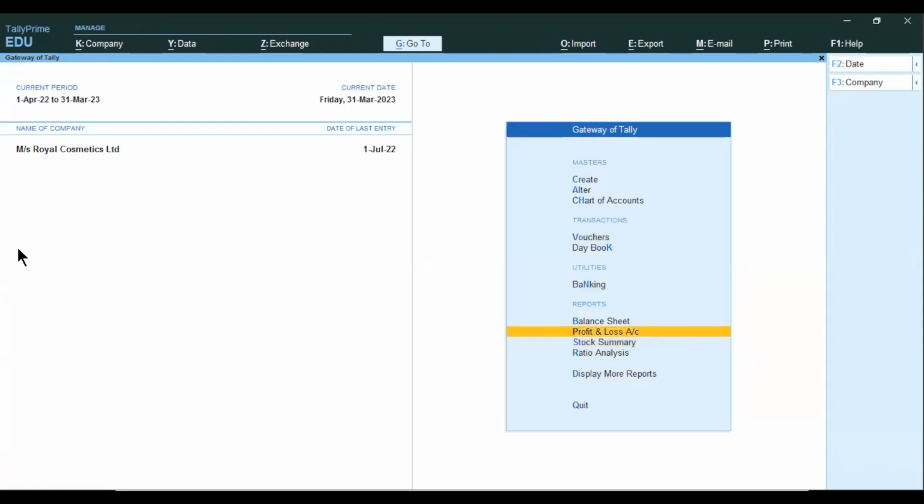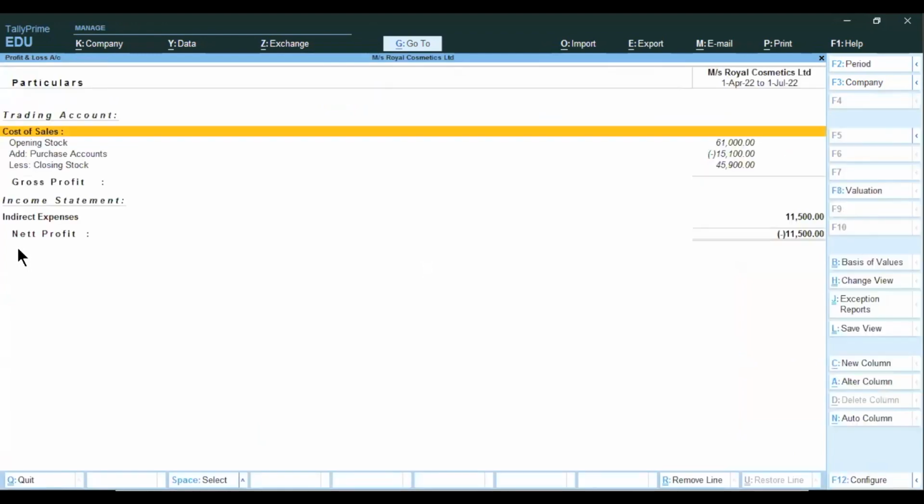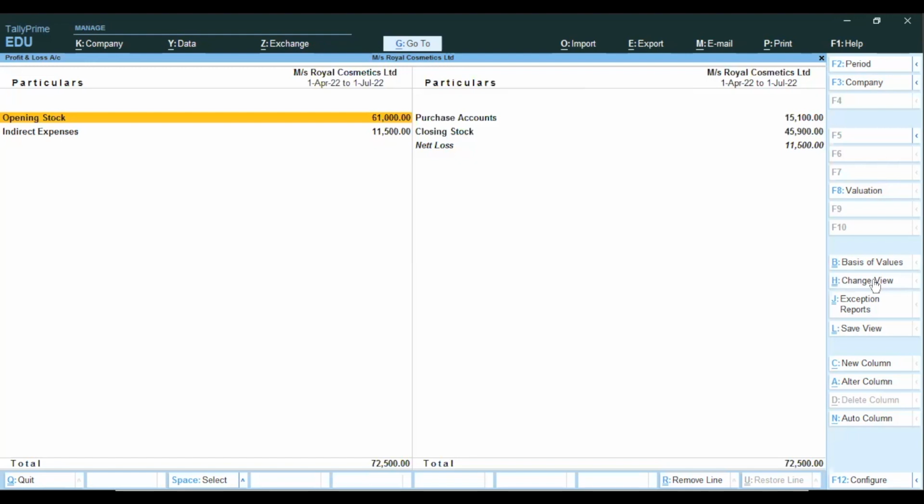Just go through the profit and loss account also. If this is in vertical form, I will change it to horizontal form. See, we had opening stock of rupees 61,000. Indirect expenses, that is loss and advertisement expenses, are debited, and on the credit part of the profit and loss account, generally we use sales ledger, but here we have purchase account credited.